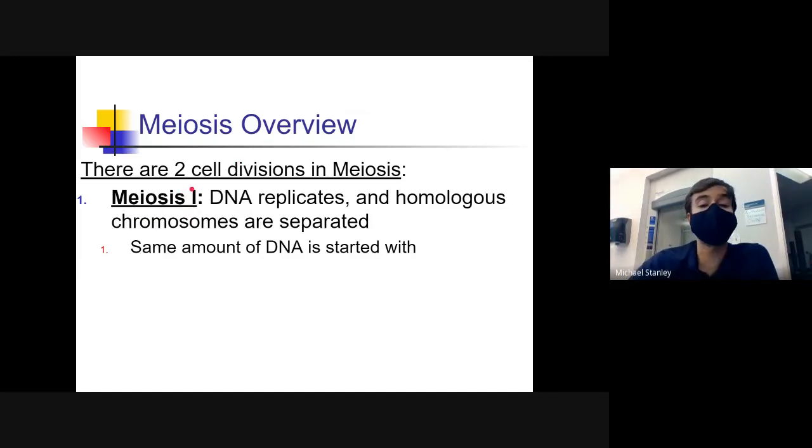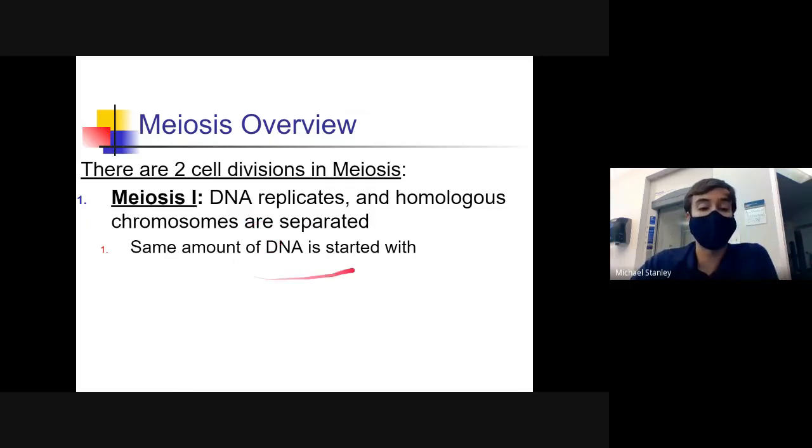So the first part of meiosis looks a lot like mitosis. The DNA gets copied, the cell splits apart, and then we end up with two diploid cells. So after meiosis I, we still have two cells, and they're still diploid.